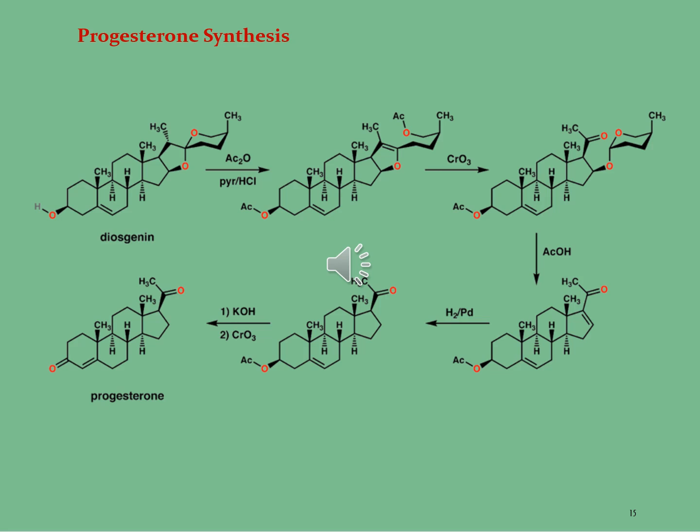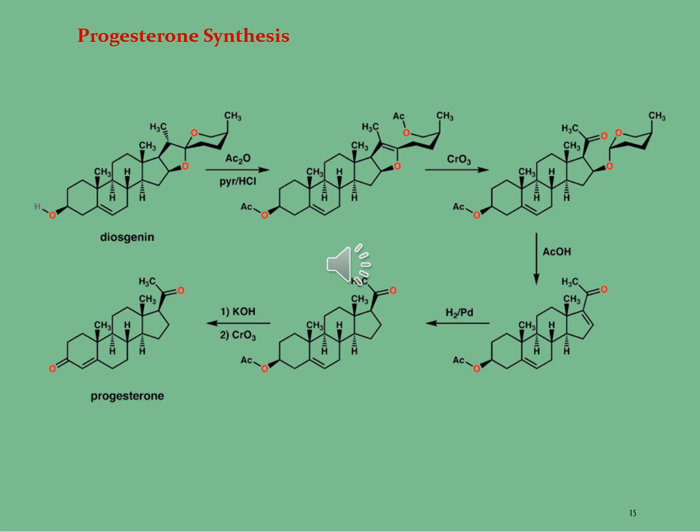The second intermediate is further treated with chromium trioxide, which is used for the cleavage of the tetrahydrofuran moiety present at carbon 17, and in this way the rupture of the ring of the tetrahydrofuran moiety is carried out.